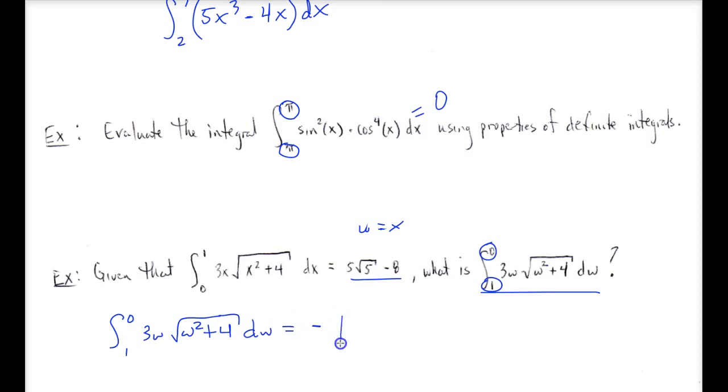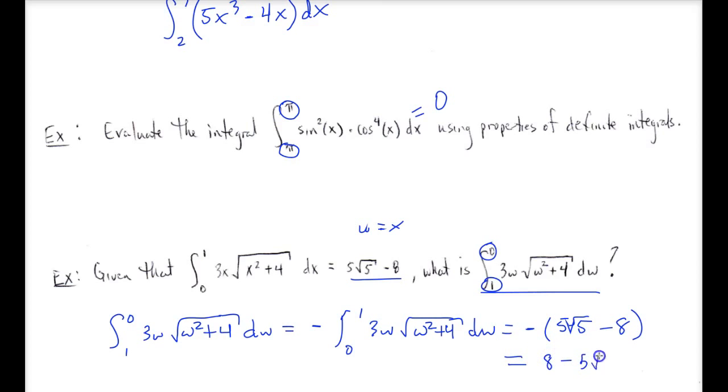So we have to make that negative, going from 0 to 1. And so now this would just be the negative of what we have seen earlier here, minus 8. And so that would just be positive 8 minus 5 square root of 5.